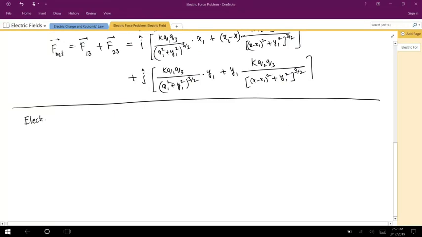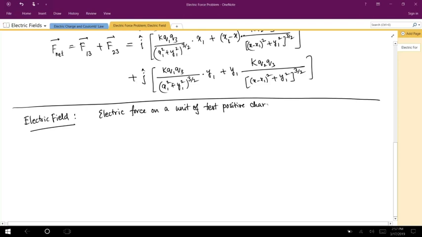So what is electric field? Electric field, for our purposes, would be the electric force on a unit of test positive charge.